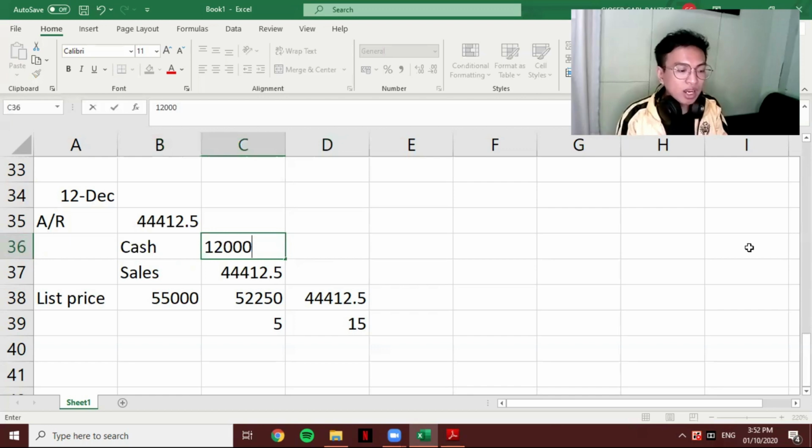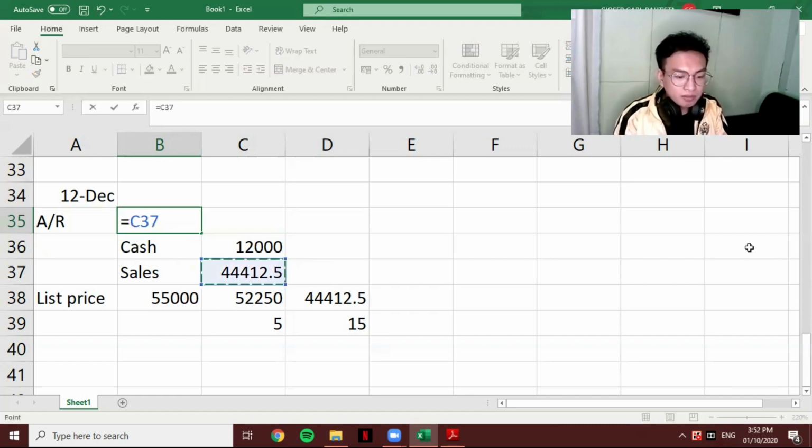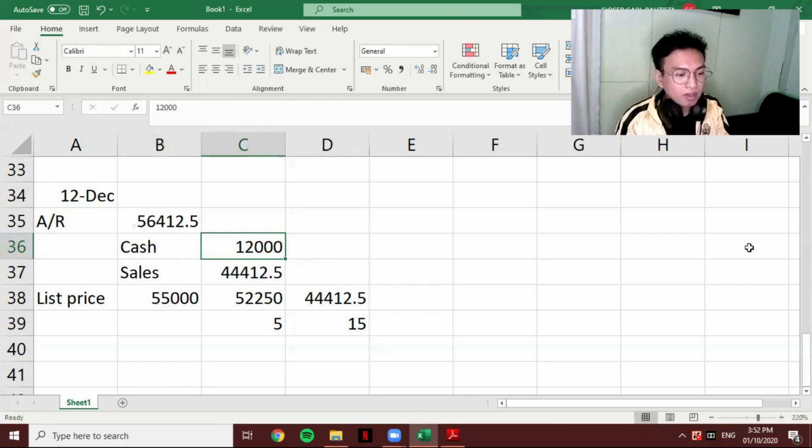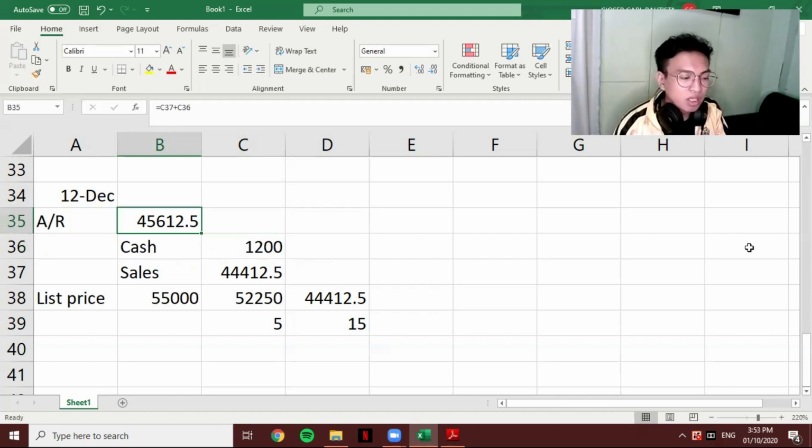So AR natin is not really just 44,412.5 because on top of the sales on account, the customer has to pay the freight but actually was paid by us. So the AR here is 45,612.5.